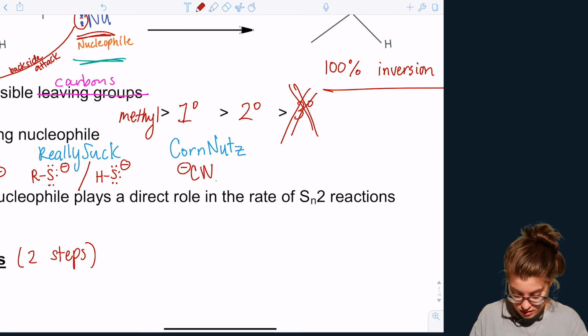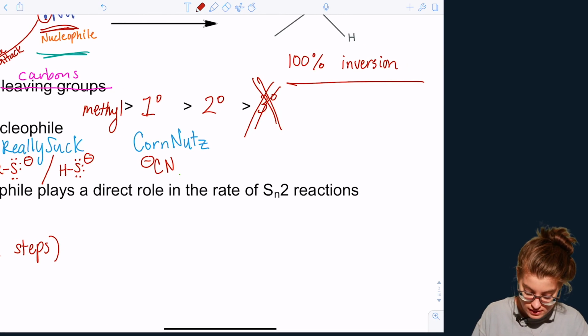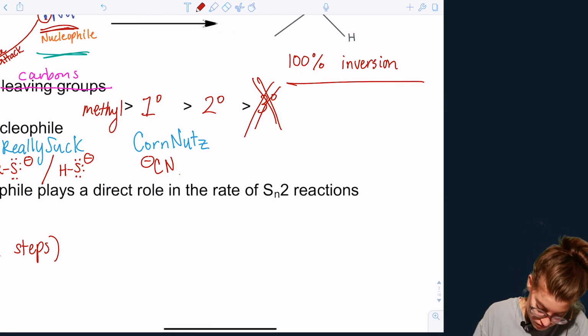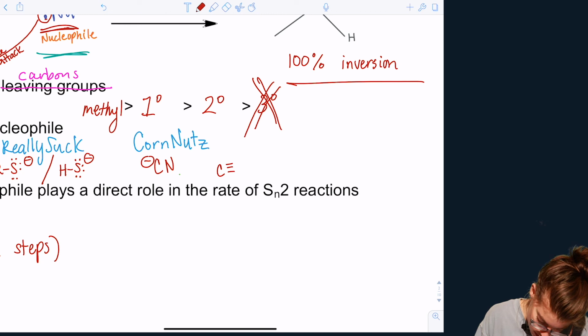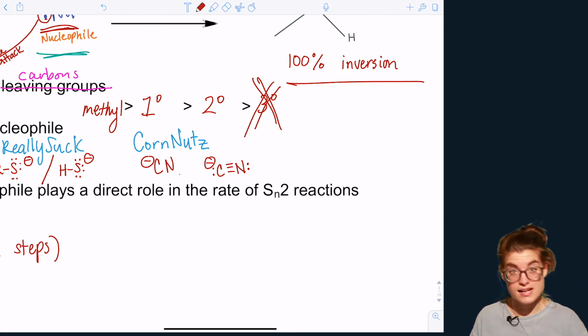But I think it's important for us to actually draw this out. So that's cyanide anion. So that's C triple bond N. And there's a lone pair on the nitrogen and there's a lone pair on the carbon. Because there's a lone pair on the carbon, it's negative.